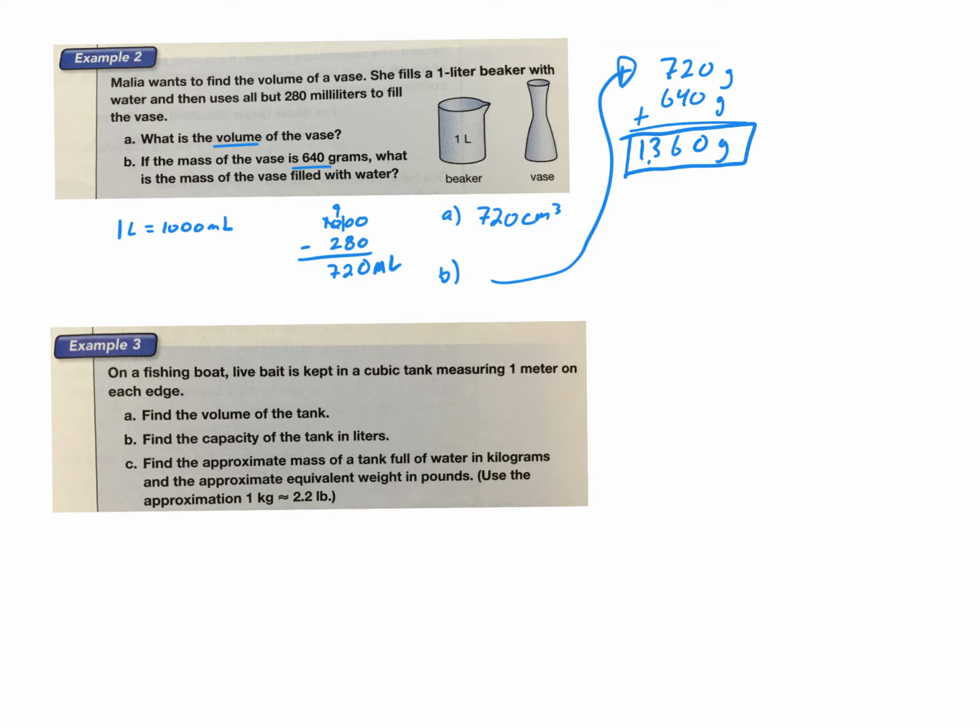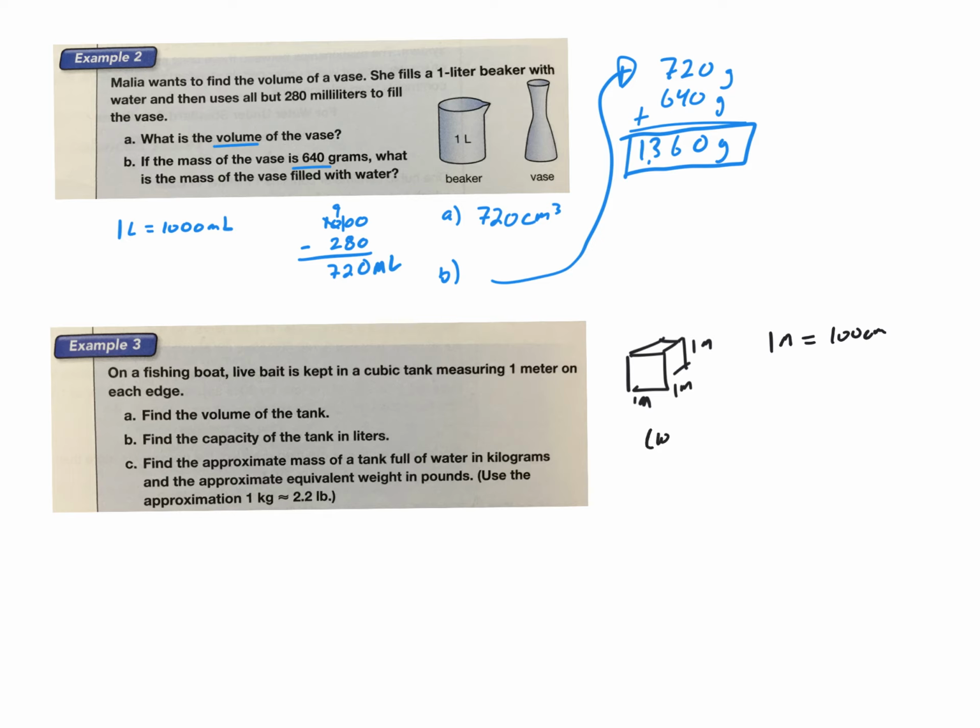Alright, example 3 says on a fishing boat, live bait is kept in cubic tanks, measuring 1 meter on each edge. So picture that. This is 1 meter, 1 meter, 1 meter. Find the volume of the tank. Well, thus far all we know about is centimeters for volume. So remember, 1 meter is the same thing as 100 centimeters.